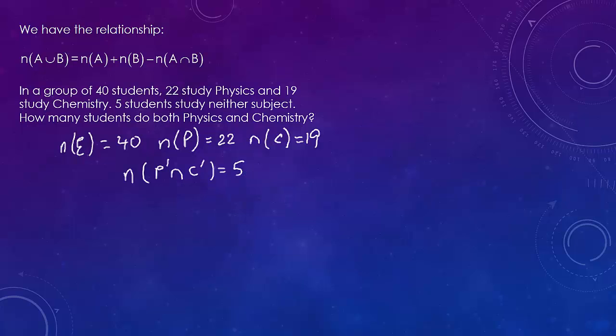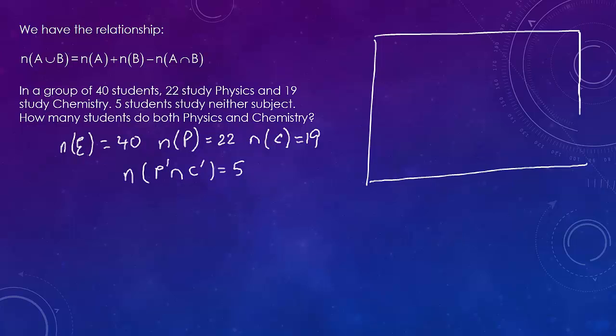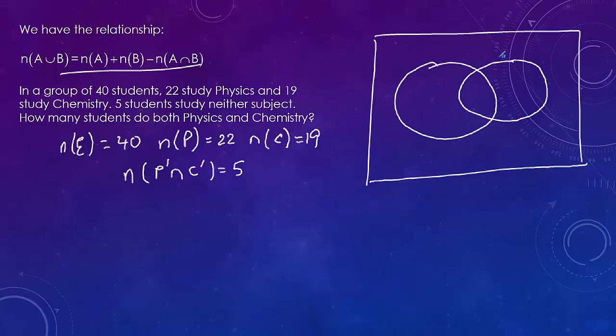Now, one way we could go about doing this is to use a Venn diagram. It's a nice way of visualizing this formula. So I know that this is the universal set and that it contains 40.